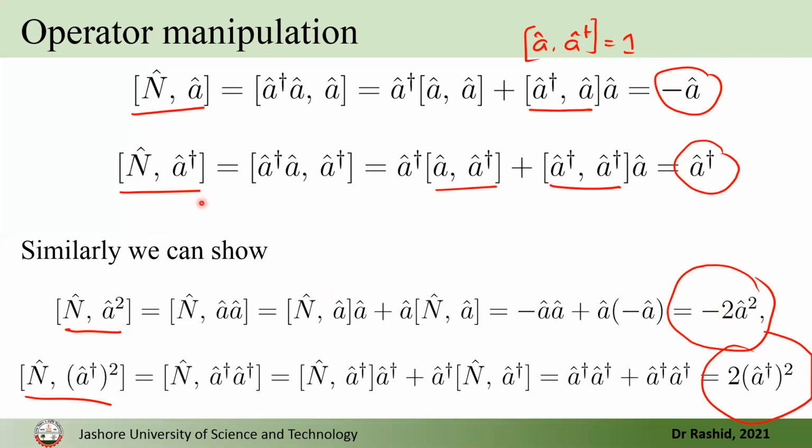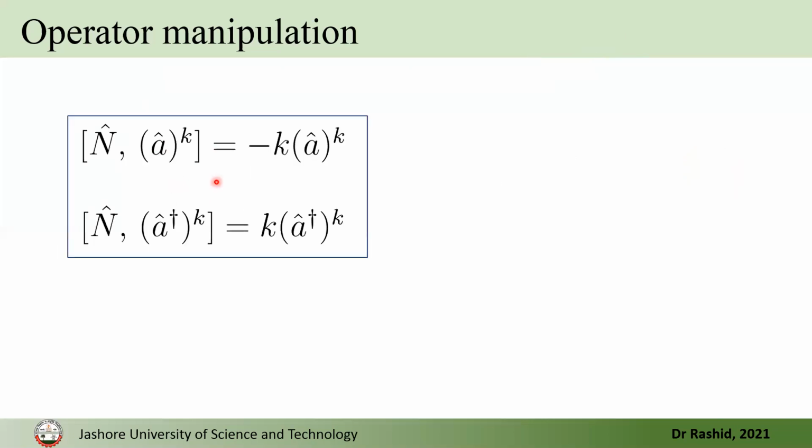Similarly for A hat dagger. So we can write the general formula for this commutator: the commutator of n hat with A hat to the power k gives us minus k A hat to the power k. And for A hat dagger, it will be like this.